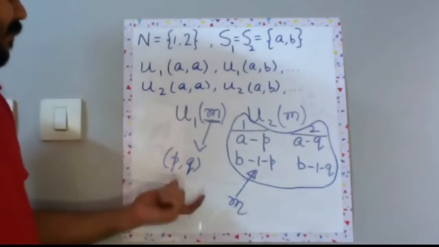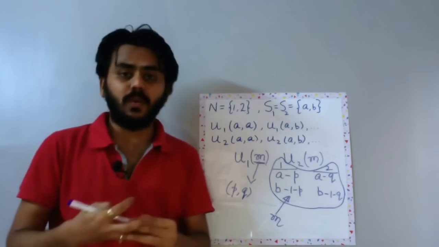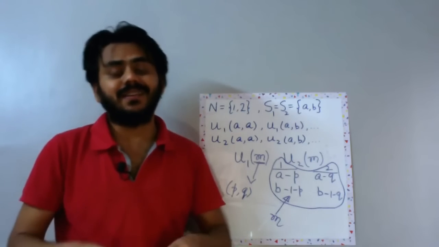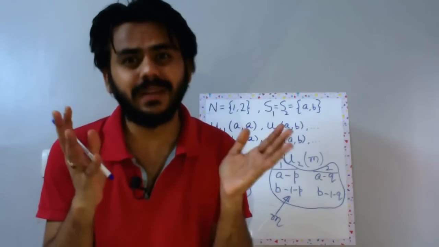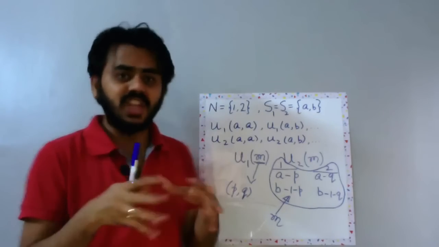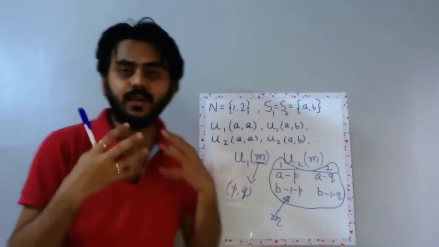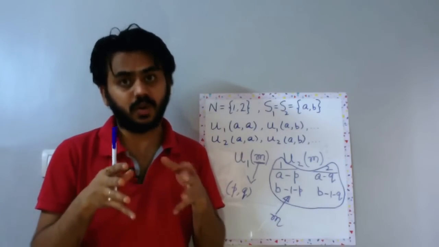So if we have pq, what do we know? What exactly is John Nash saying over this game if we are changing pq and trying to find whether we have a mixed strategy Nash equilibrium or not?